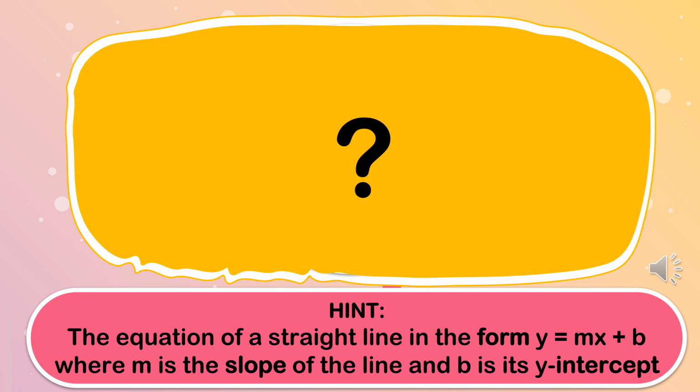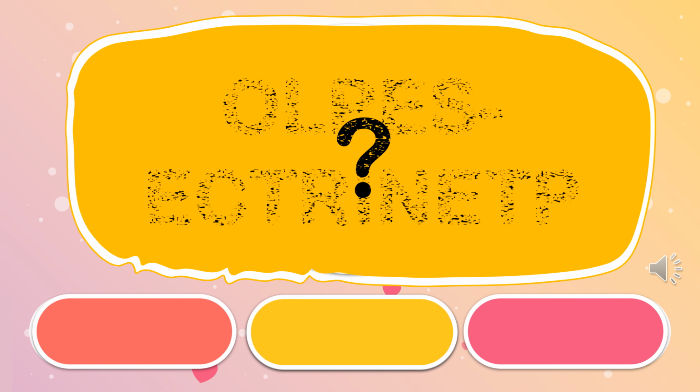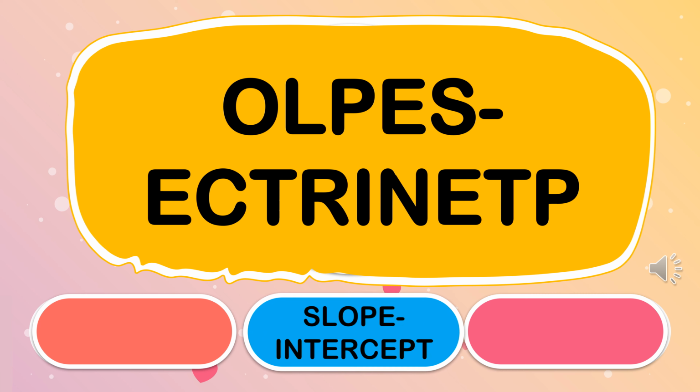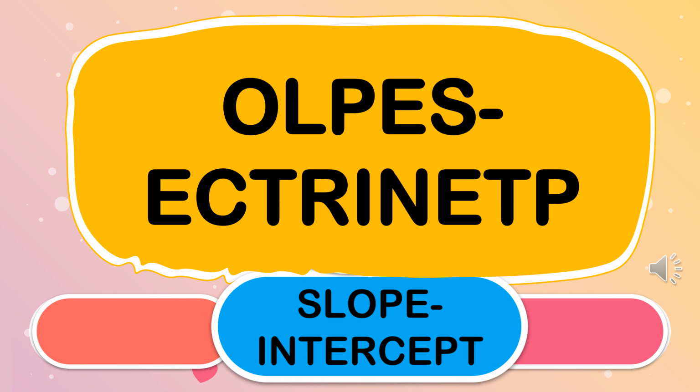Next, the equation of a straight line in the form y is equal to mx plus b, where m is the slope of the line and b is its y-intercept. What term is this? Very good. And the correct answer is slope-intercept.